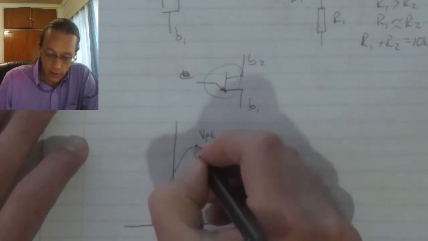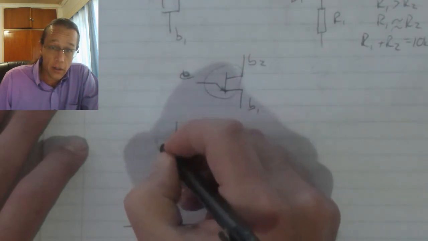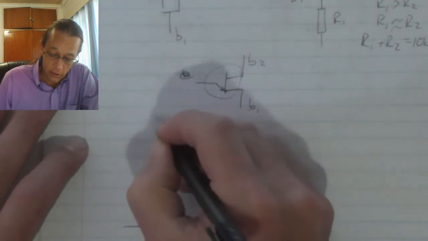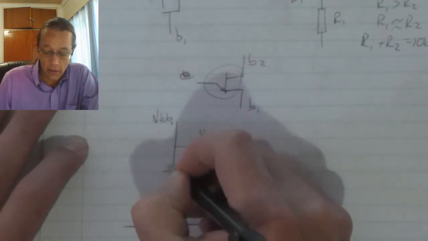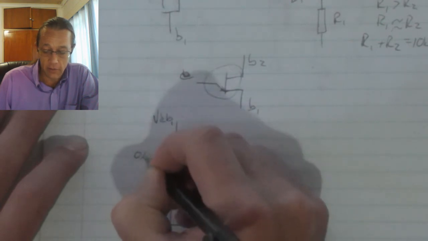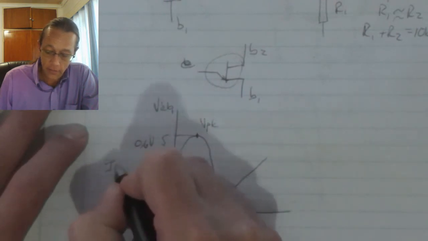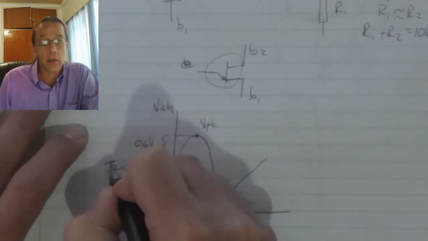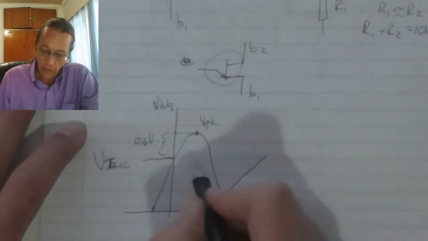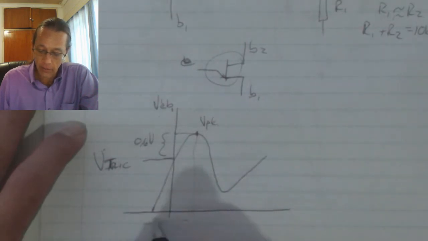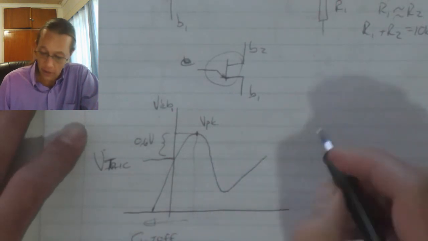That peak point over there will be the voltage across the emitter and base 1. That distance over there is 0.6 volts, and that point there is indicated as my trigger voltage. Below the peak voltage we've got our cutoff region.